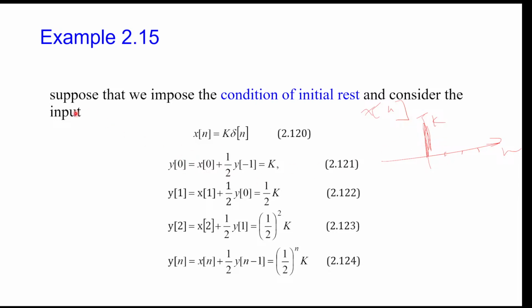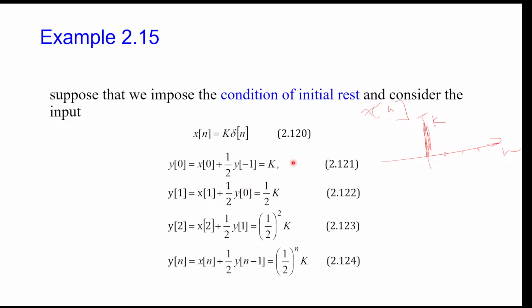Then y of 0 is x of 0, which equals k, plus 1/2 y of minus 1. From initial rest, we know y of minus 1 equals 0, so this is just x of 0 equals k. And then y of 1. We start building this recursion from n equals 0 where x is non-zero. Now that we know y of 0, we can build y of 1. y of 1 equals x of 1, which equals 0 because x is 0 everywhere except for n equals 0, plus 1/2 y of 0.